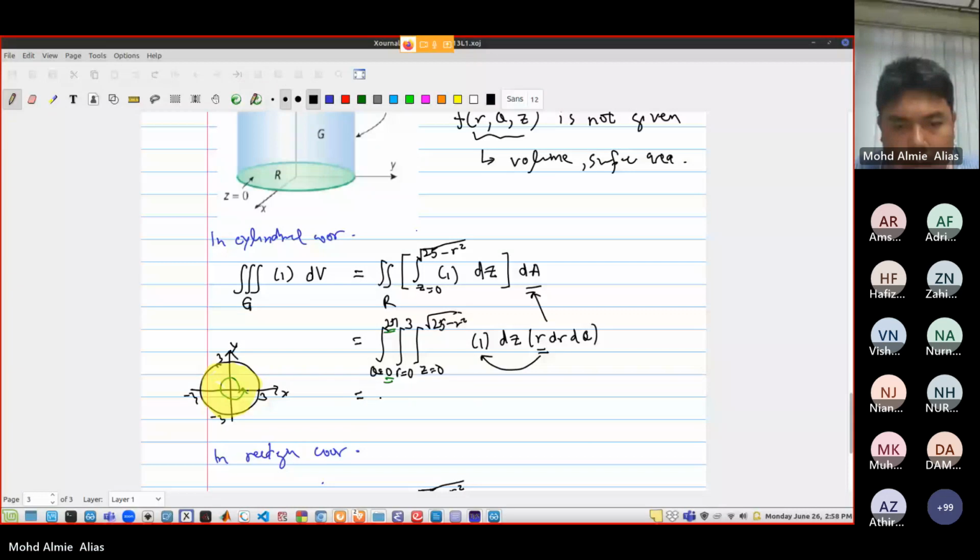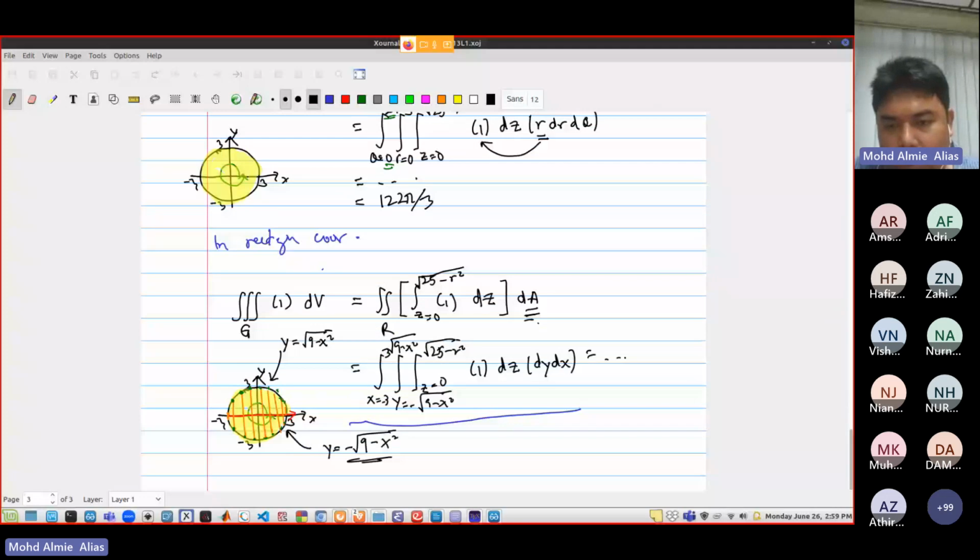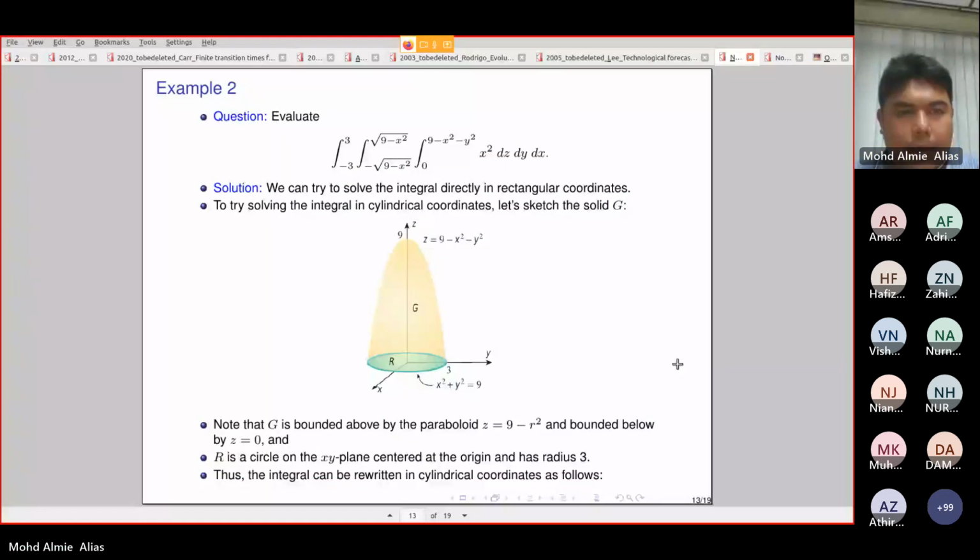It's supposed to be 1 to 2 pi over 3, so solve it until you get that answer.